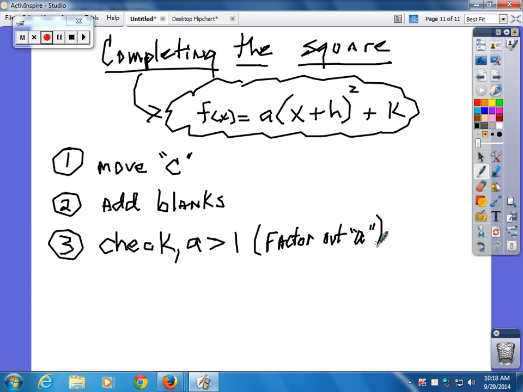4. And this is the important one. This is how you do completing the square. Take B divided by 2 and square it, and you add it to both sides where the blanks are.